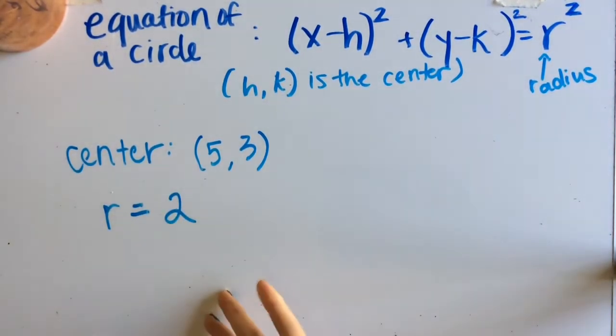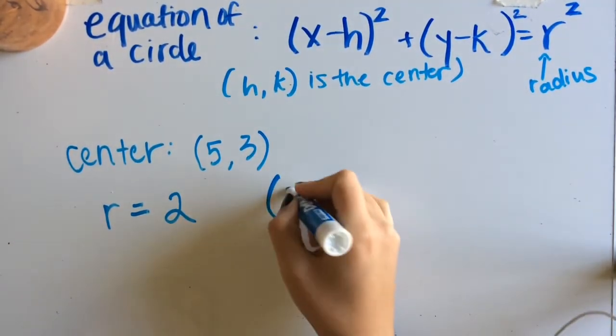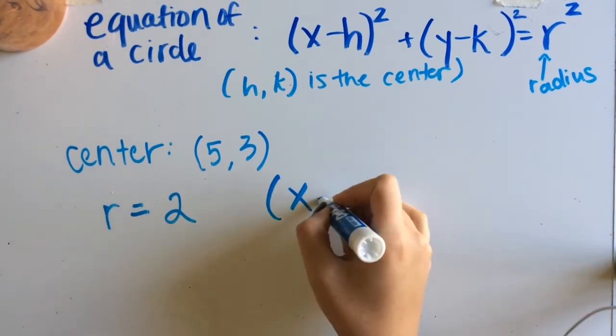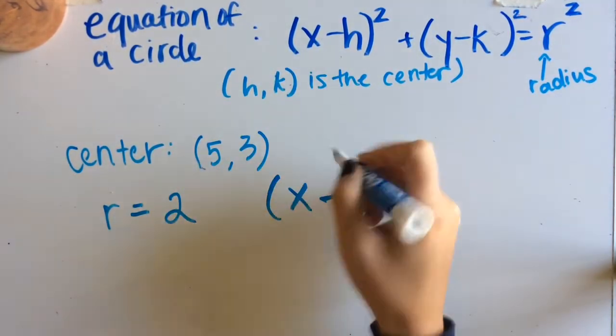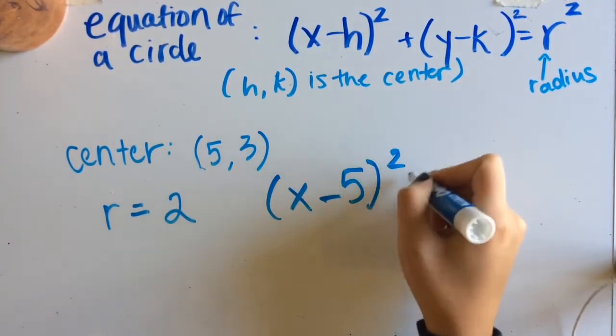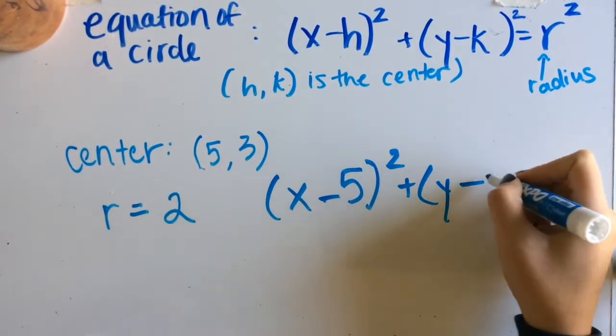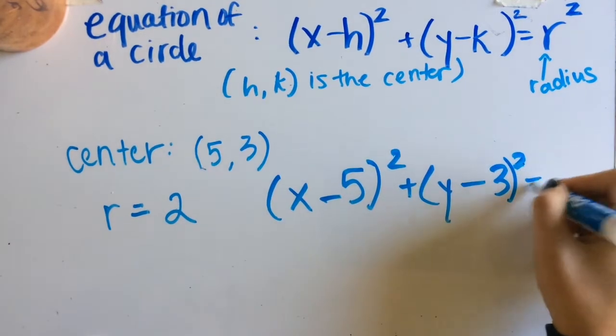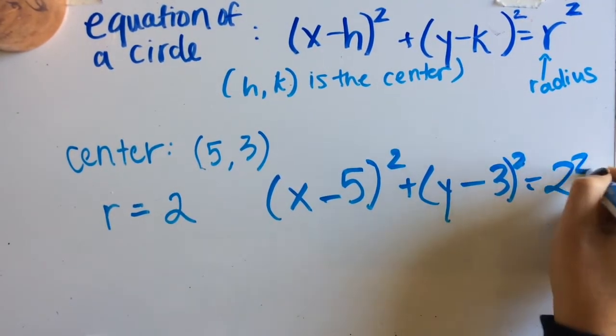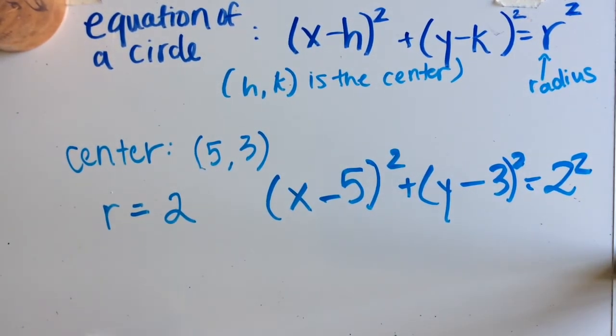All you have to do is plug these values into the equation. So x minus 5, squared, plus y minus 3, squared, is equal to 2 squared. That's it. Pretty easy, right? You might see other examples.